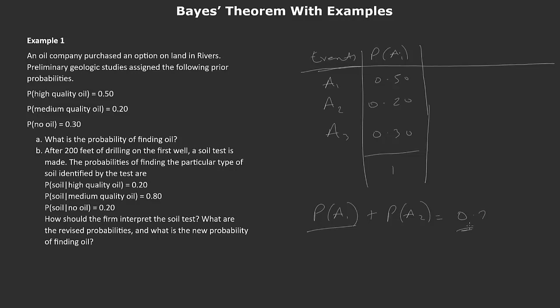Once the probability keeps going down, then they stop drilling. They don't necessarily get to finish the entire process before they stop the drilling. So in this particular case, after 200 feet of drilling on the first well, they performed a soil test, and the soil test gave the following result.